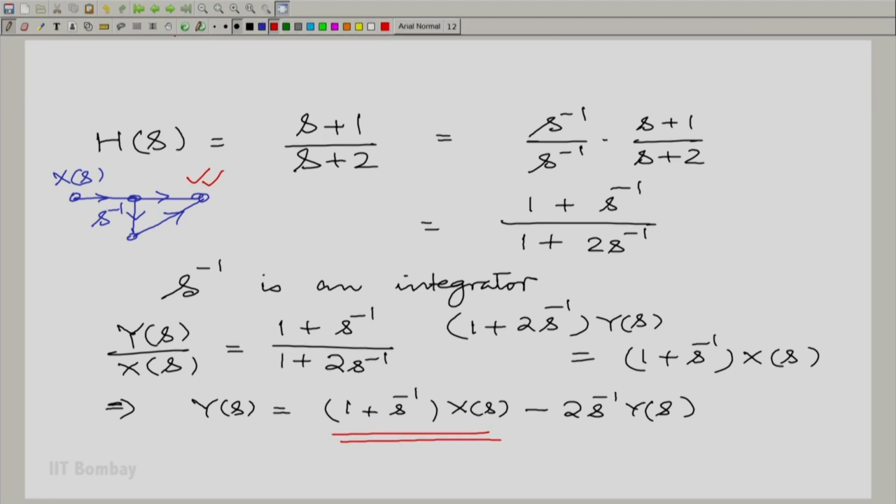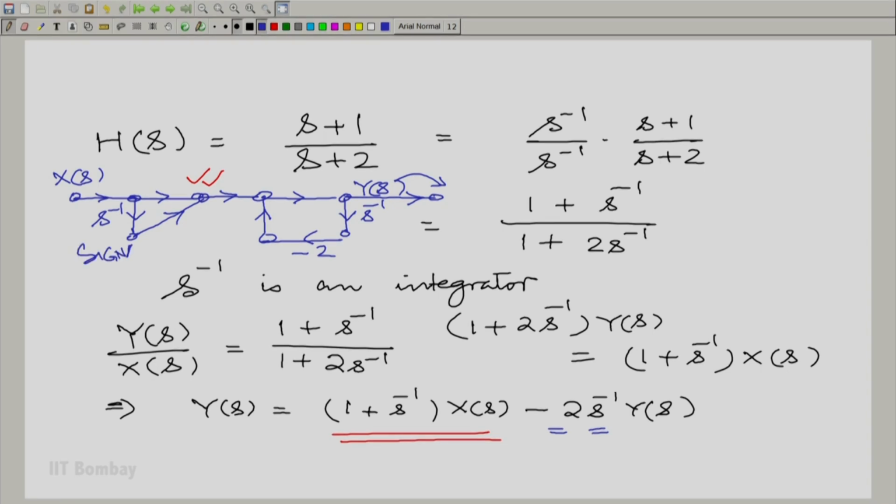Now, again same way I will keep y of s at this point, use an integrator on it. So, I have gone up to here, multiply by minus 2. So, I have taken care of this, and now I need to add these two, and this should generate y of s. In fact, if I really wish to, I can pull out y of s explicitly.